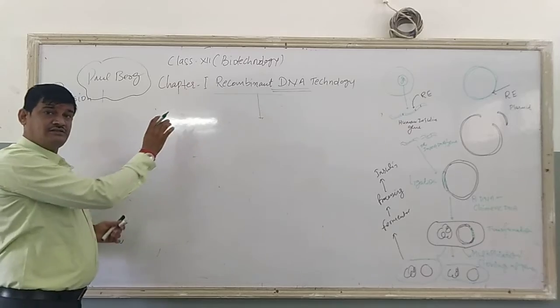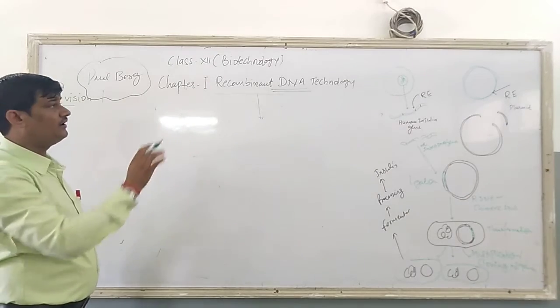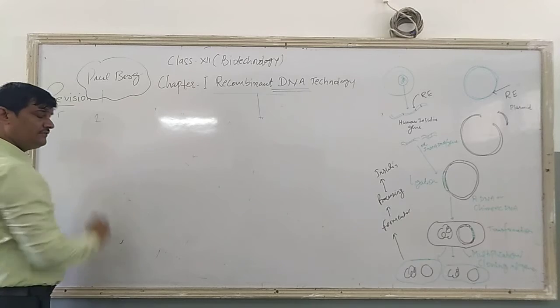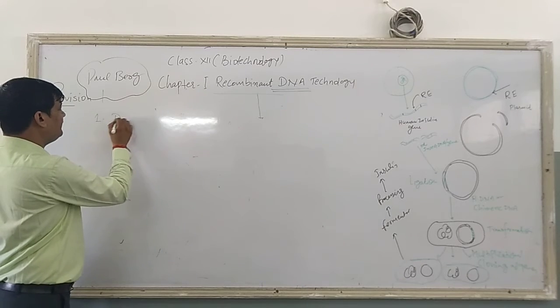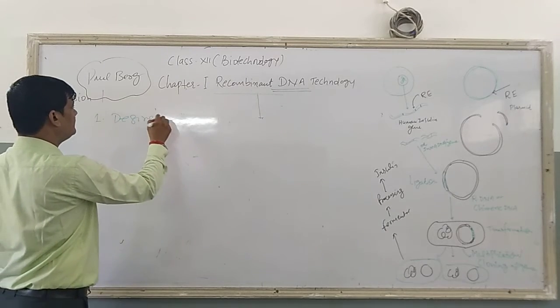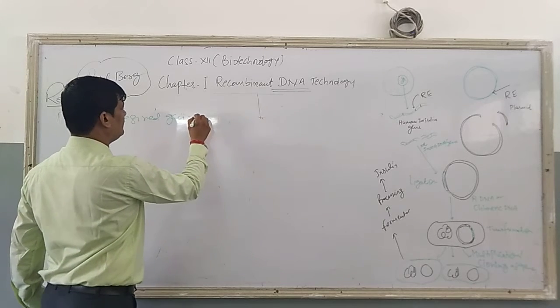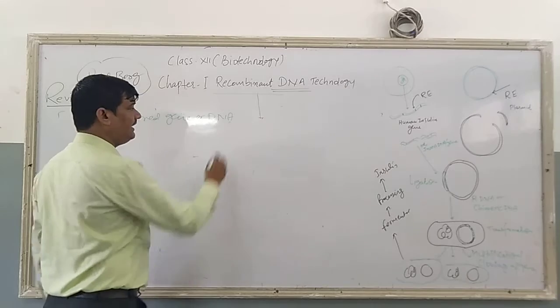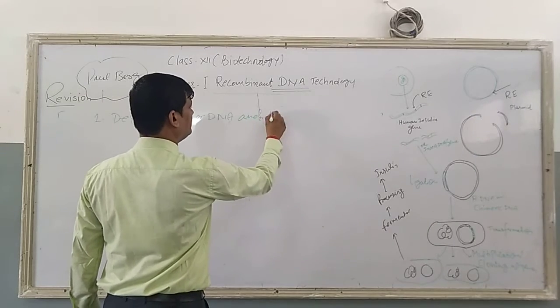Recombinant DNA technology is processed in the following way. First, there is a requirement of the desired gene or DNA and its isolation.